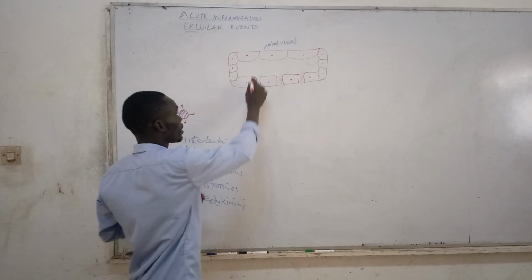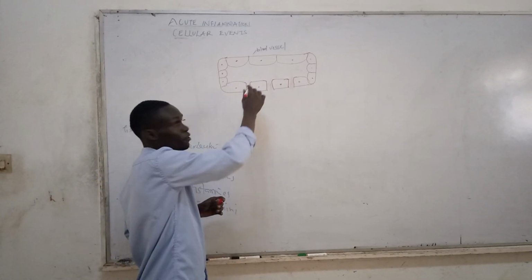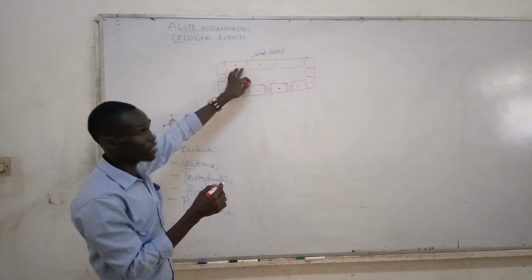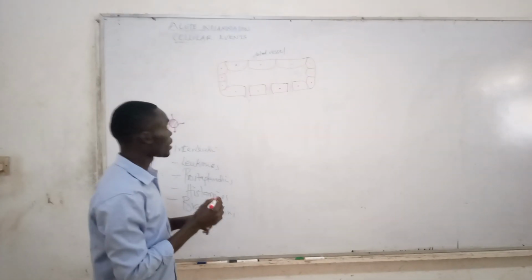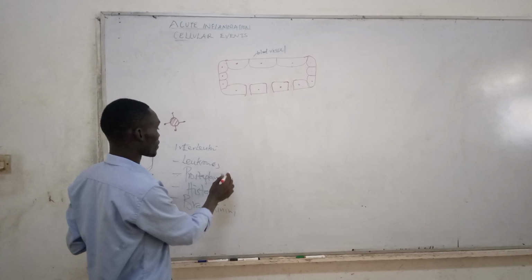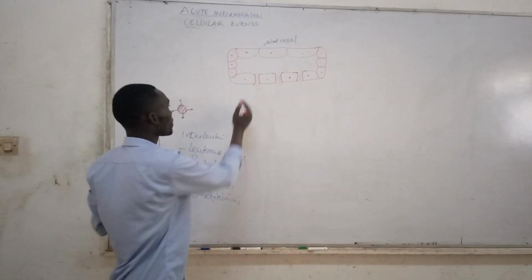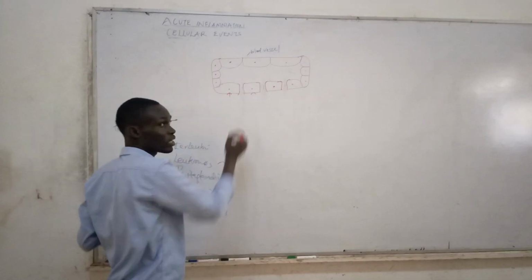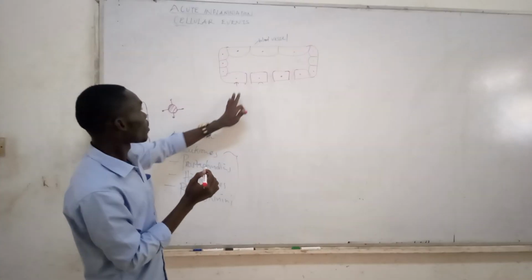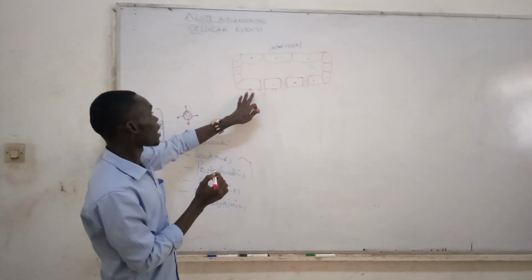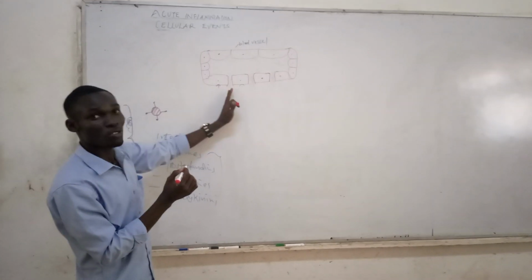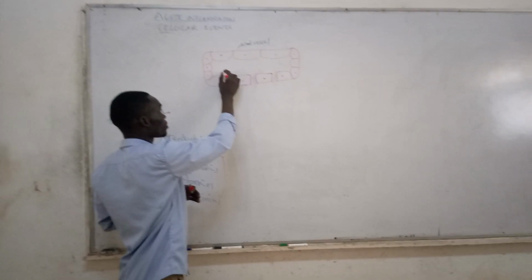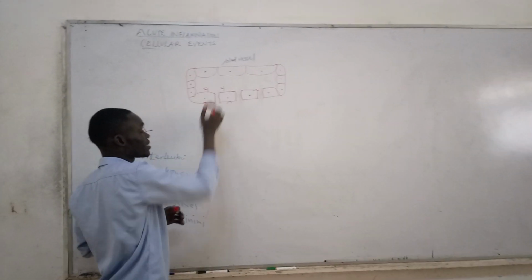So this causes some plasma fluid to leak out from the vasculature. Now, these substances, when they bind to receptors on the endothelial cells, when these cells contract, apart from contracting to increase vascular permeability, they expose substructures known as selectin.